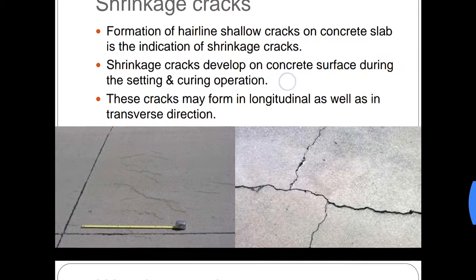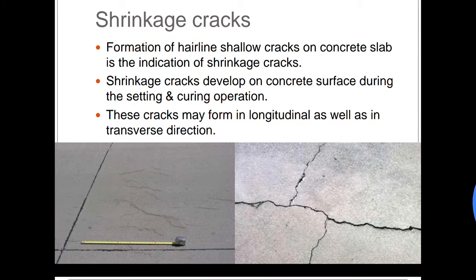If in the design mix there is loss of water and at the time of hydration there is insufficient water, then there are chances of shrinkage. And also if there is excessive cement being used in the concrete mix design, then there are chances of shrinkage cracks. These cracks may form in longitudinal as well as in the transverse direction.